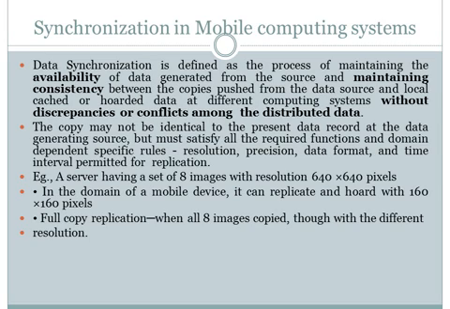But when you copy them to a mobile device, they may be copied as 160 by 160 pixels. On some other device that supports higher resolution, it may be 320 by 320 pixels. What it means is, the data at the mobile device need not be exactly the same as that of the source.